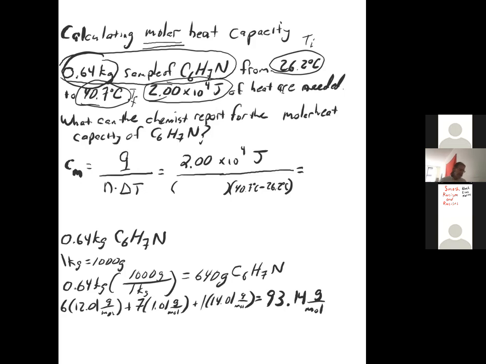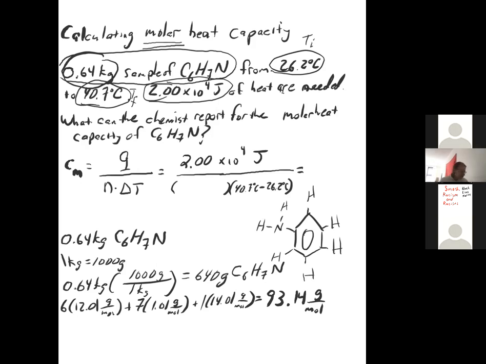It looks like it's aniline. Let me see. I'm sorry, sometimes I have my own curiosity. So it looks like it's 1, 2, 3, 4, 5, 6, 7. Okay, so there it is. That's aniline. Now we have 640 grams, so we're just going to divide that by the molar mass.